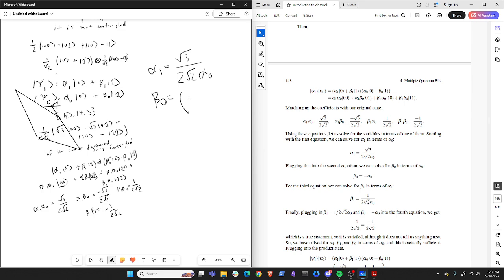We know that beta sub 0 is equal to minus square root of 3 over 2 square roots of 2 alpha 1, and we know that alpha 1 is equal to this, so we can bring that in here.